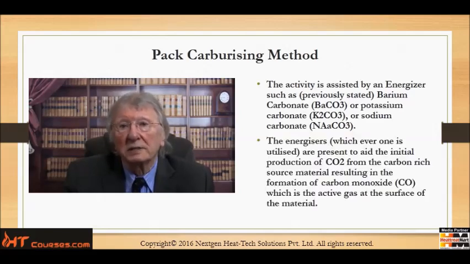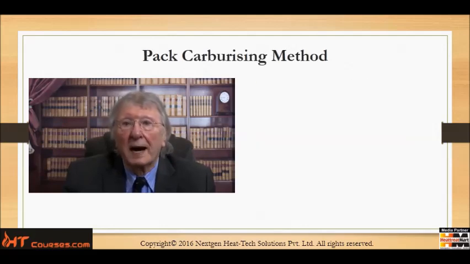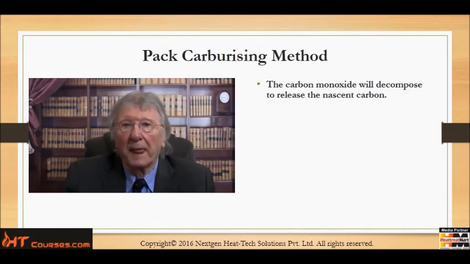The energizers, whichever one is utilized, are present to aid the initial production of carbon dioxide from the carbon-rich source, resulting in the formation of carbon monoxide, which is the active gas at the surface of the material. The carbon monoxide will decompose to release nascent carbon.